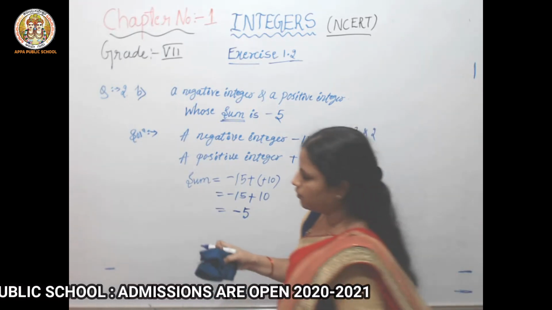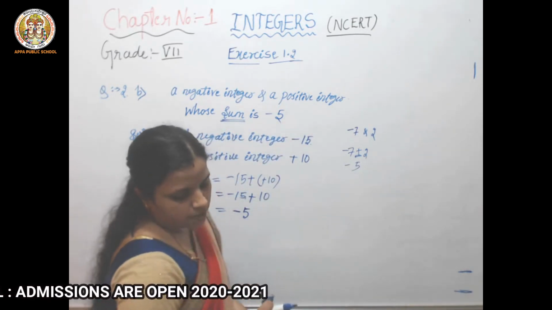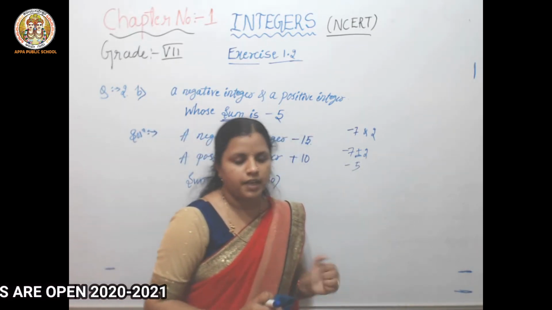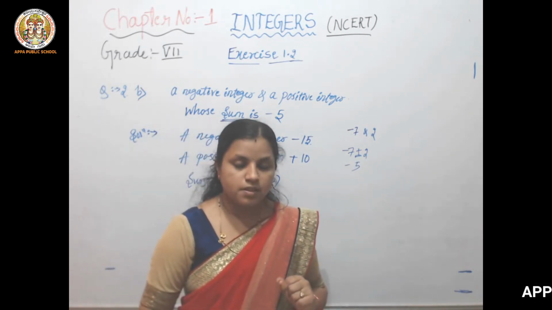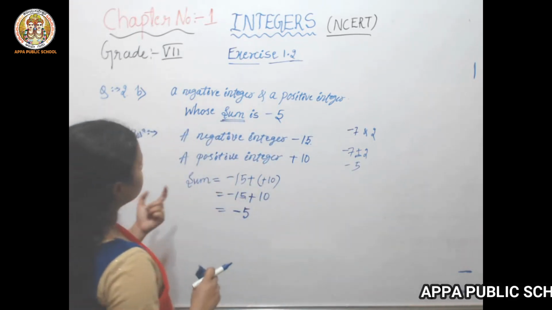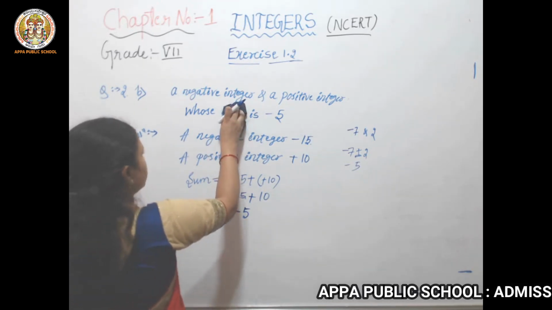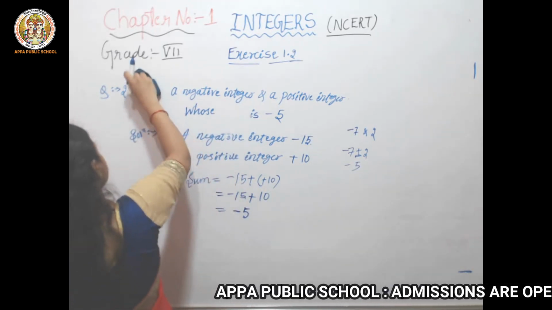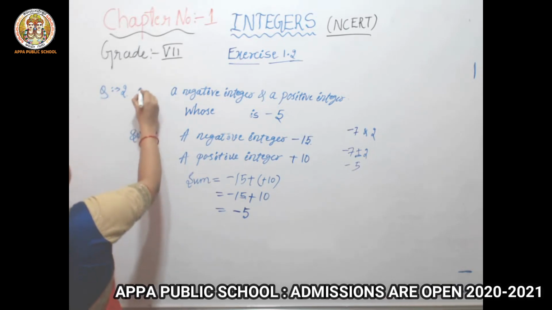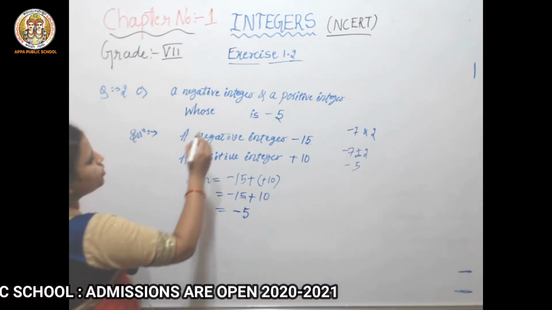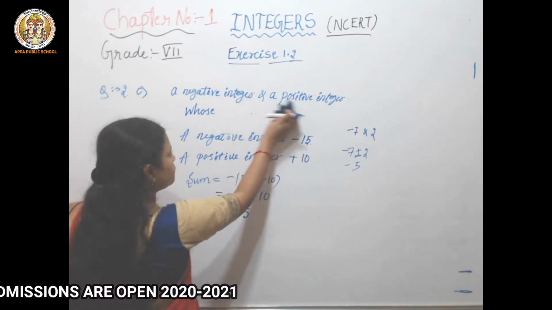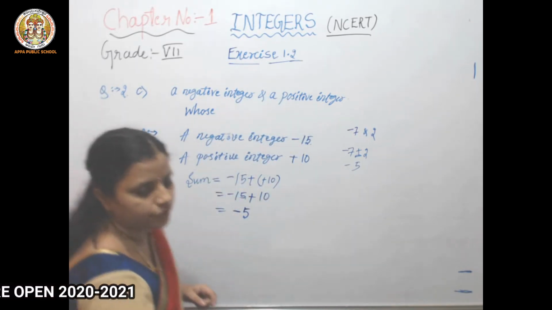And one more, again we are having a C. C: write a negative integer and a positive integer whose difference is minus 3. Here it is the same, but instead of sum we are having difference.